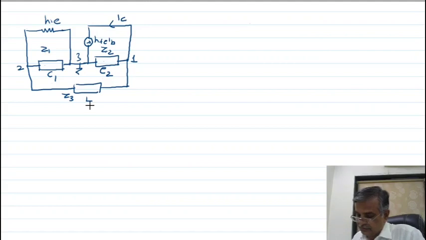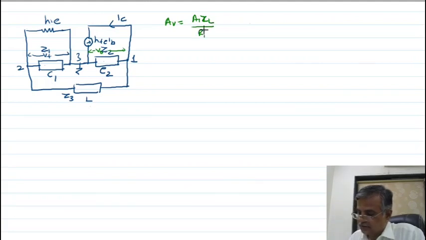Now we have to write the equation of current gain, then the equation of voltage gain and feedback factor K. This is the feedback voltage, and this is your VO. You know the voltage gain is AI, and instead of RL I am now writing ZL upon Ri. So what is ZL? ZL is the effective load across which the output voltage is developed. I am showing the effective load here.